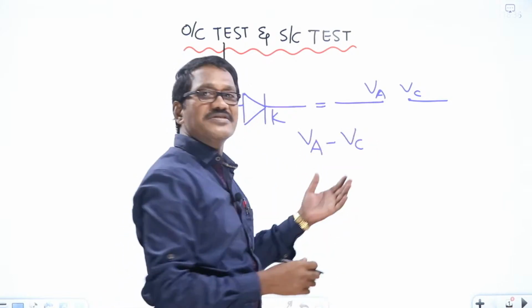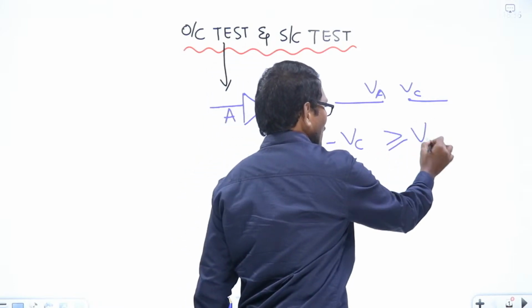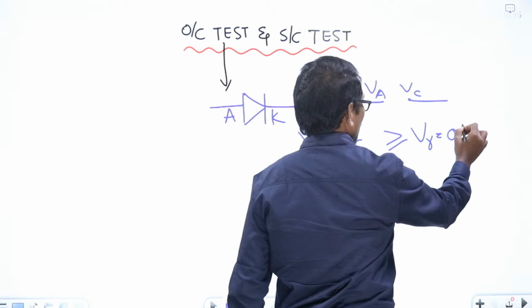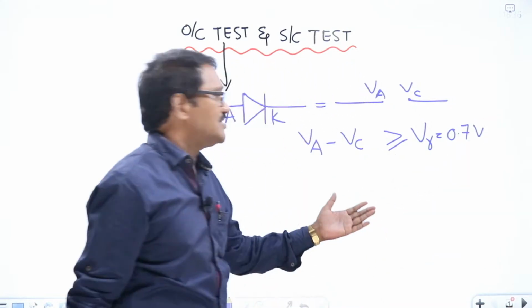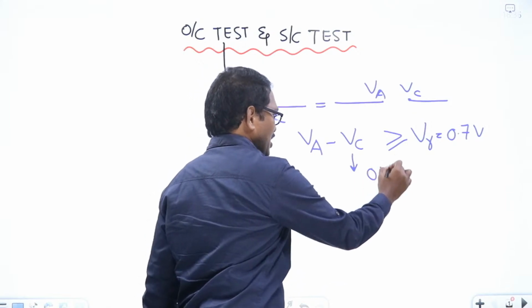If VA minus VC is found to be greater than or equal to V gamma, that is 0.7 volts, then the diode is in on state.